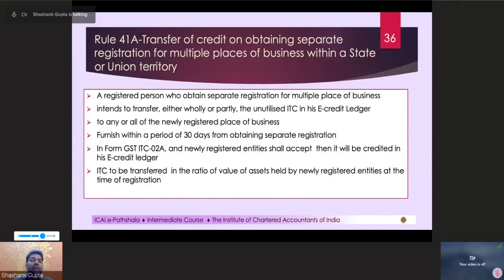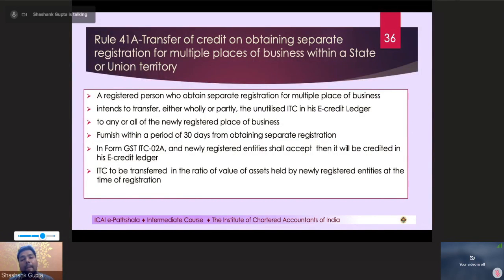Then Rule 41A, this was a recent entry. Earlier, as we all know, under GST we need to obtain separate registration in separate states. If we have presence in multiple states, then in every state we needed a separate registration. But there was a restriction.